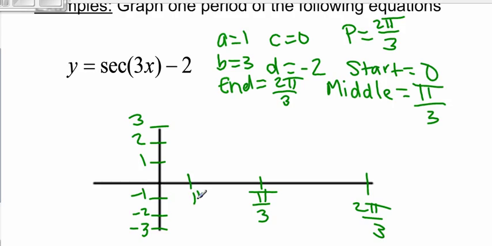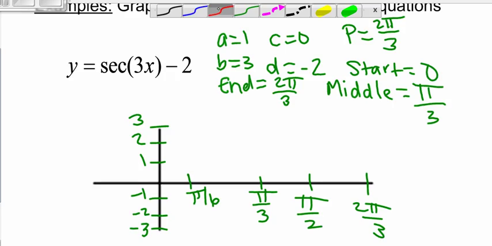Then I have pi over 6. So that's pi over 6. This pi over 3 is 2 pi over 6. And 3 pi over 6 is pi over 2. And then we have 2 pi over 3, which would be 4 pi over 6. And my new center line is going to be at -2.